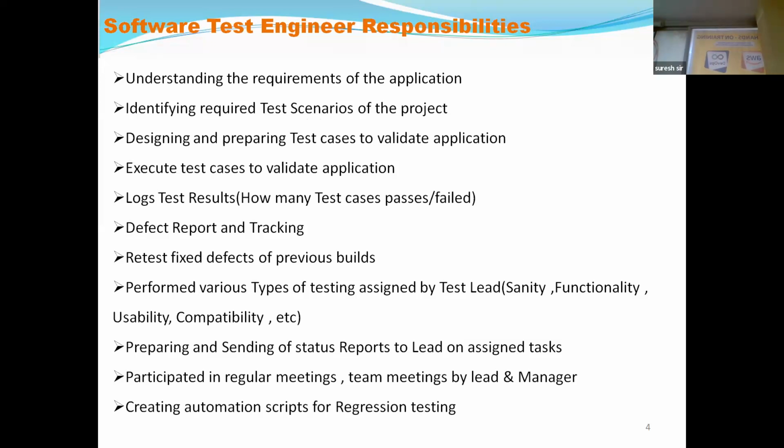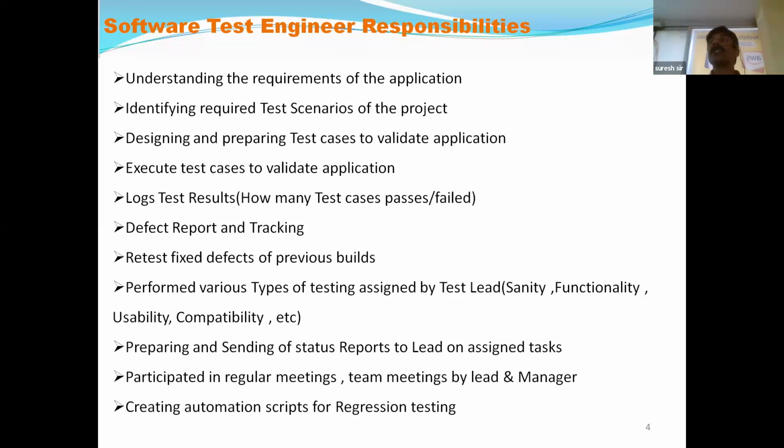The next activity is the test cases. Test cases are the second level of documentation. The test scenarios are the first level of documentation, and test cases are the second level of documentation.